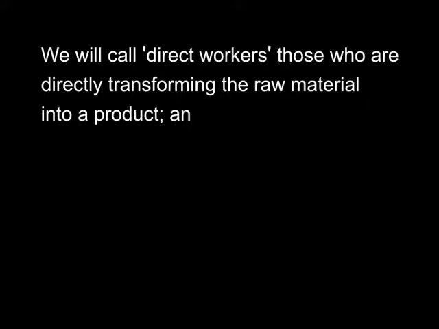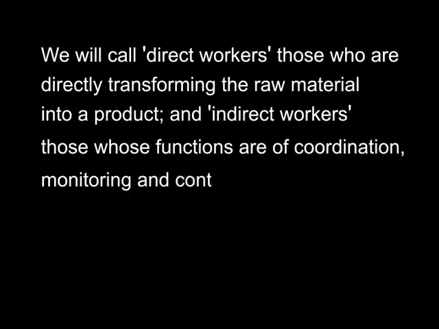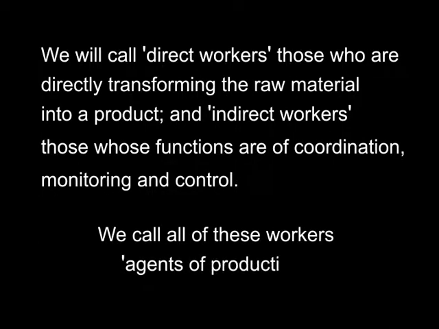We will call direct workers those who are directly transforming the raw material into products, and indirect workers those whose functions are of coordinating, monitoring, and controlling. And we will call all of these workers agents of production. There are then agents of production that work directly with the raw material, and others who work monitoring and controlling.